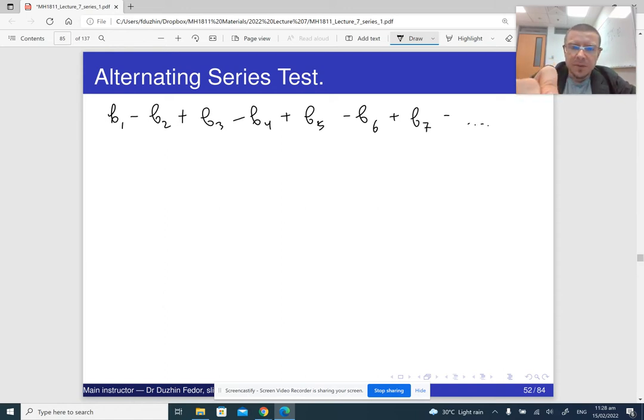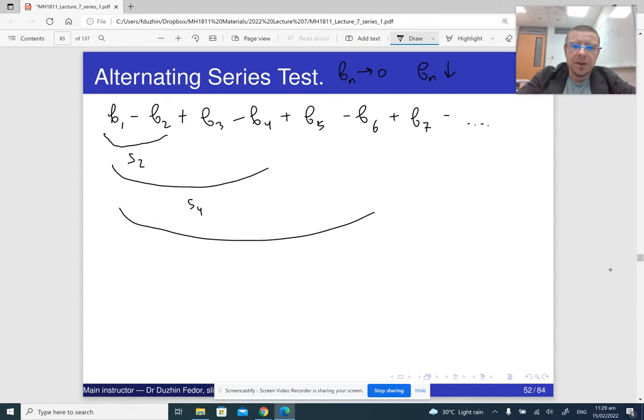Recall that the limit of these bn's is 0, and these bn's decrease. All of them are positive, and they decrease. So let me look at even partial sums first. This is S2, this is S4, this is S6.